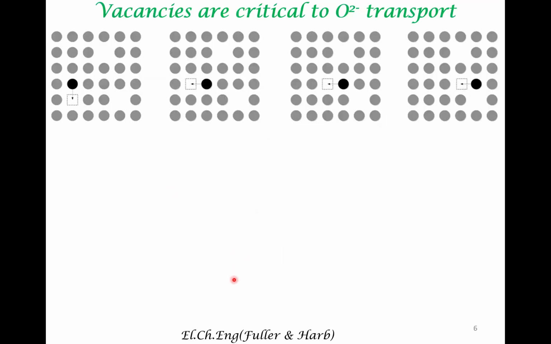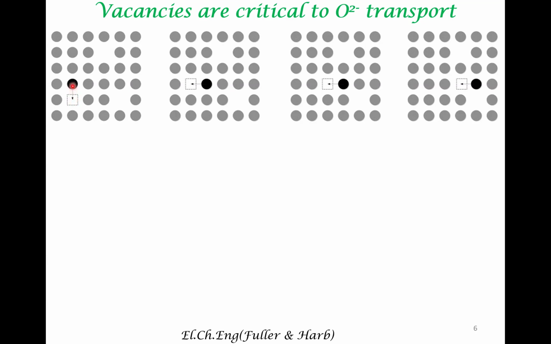Why is this important? When you want to transport oxygen anion in an electrolyte, this transport is possible only in the presence of oxygen vacancies. So when we say oxygen anion, in this schematic, this refers to the oxygen anion that is getting transported. It will get transported only to an adjacent site wherein oxygen vacancy is present.